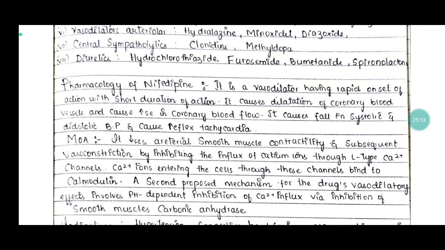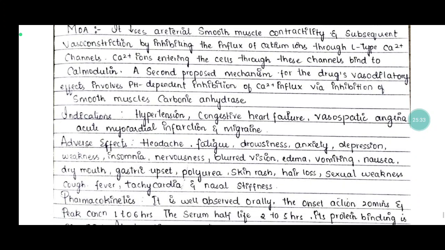And a second proposed mechanism for the drug, in its vasodilatory effects, involves pH dependent inhibition of calcium influx via inhibition of smooth muscle carbonic anhydrase.